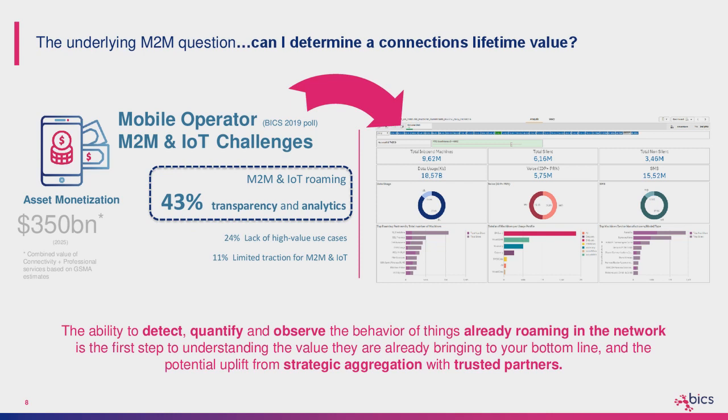Now, taking a step back, we've actually taken the information we receive from our customers and our partners and all the different players who have given us insights about what the key challenges are for them for M2M and IoT monetization. And we've gone ahead and actually invested ourselves in this ability. And this is actually what you're seeing on the right side of the slide.